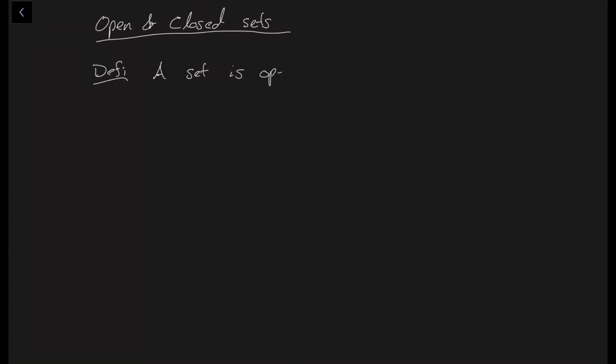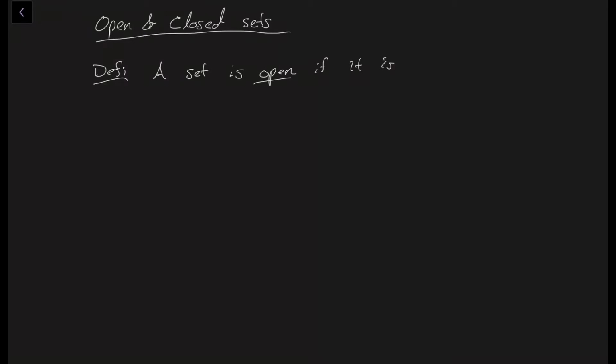So in topology, we have a concept called open and closed sets. And the concept of an open and closed set is really fundamental to topology, and fortunately, it's pretty easy to understand. So a set is called open if it is an element of tau, our topology.